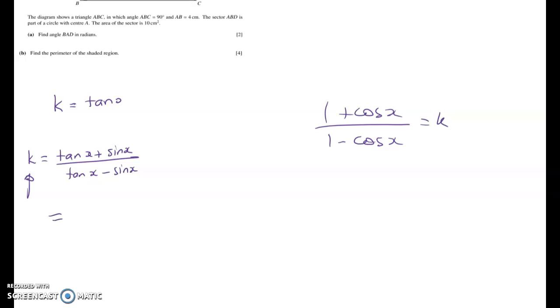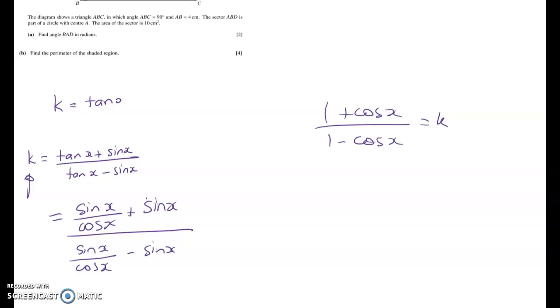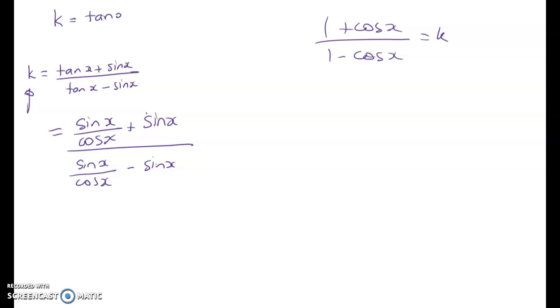Now we're going to substitute in sine x over cos x for tan x. And I'll do this using one huge fraction, but then when I clean it up, I'll break that down a bit. Okay, so we've got that divided by that. When we see fractions being added together, we know that we need to get a common denominator.